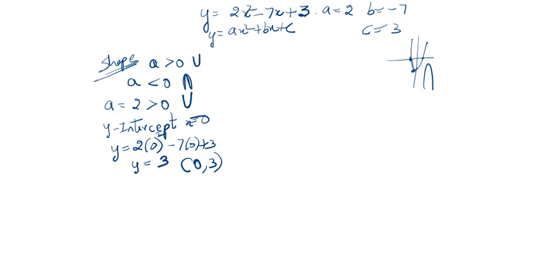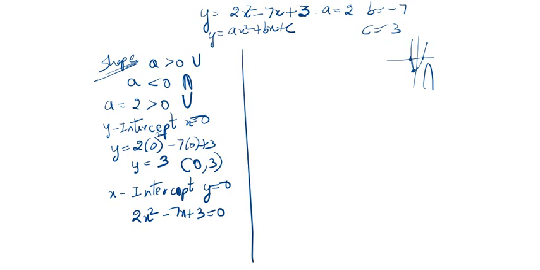The next step is to find your x-intercept. To find your x-intercept, you write y is equal to 0. So you get 2x squared minus 7x plus 3 is equal to 0. Now it becomes a quadratic equation, so you can either factorize it, which is the easiest method, or if you cannot factorize it, use the quadratic formula.